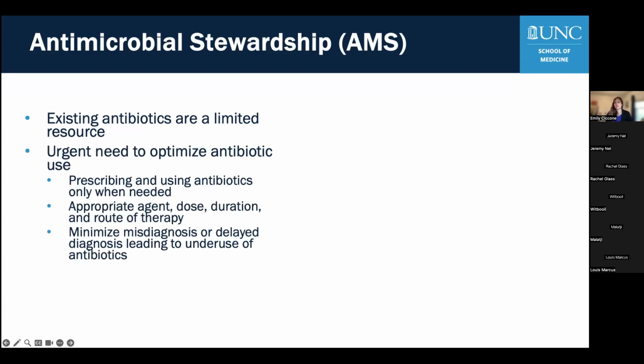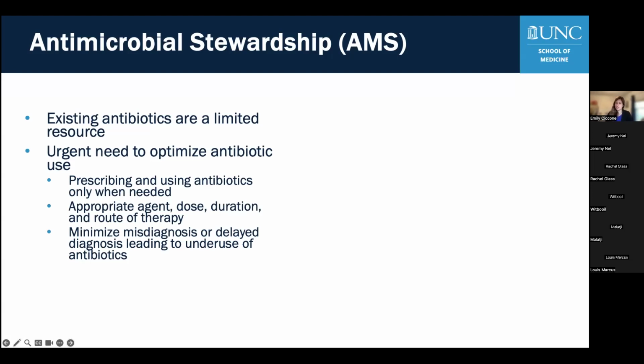So antimicrobial stewardship is the effort to optimize antibiotic use, to maintain the antibiotics that we have and maximize their potential impact. That means improving prescribing by clinicians and use by patients outside of the traditional healthcare sector.